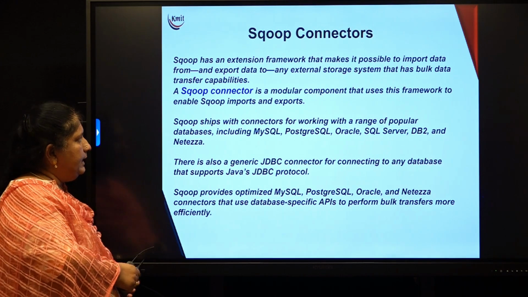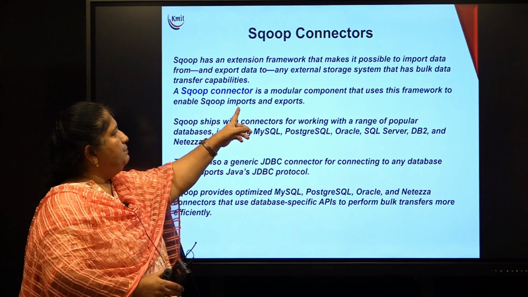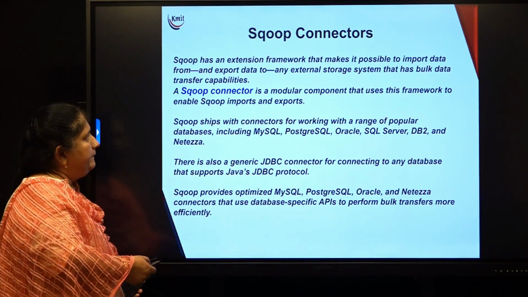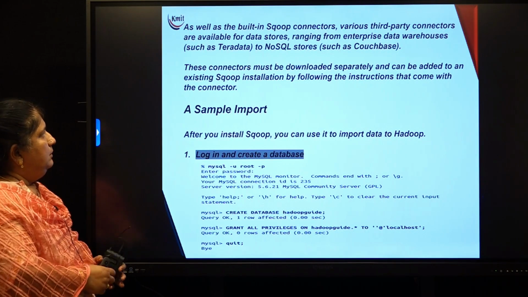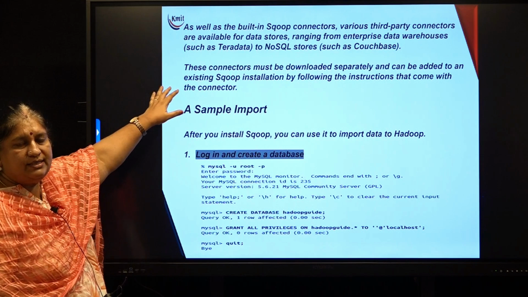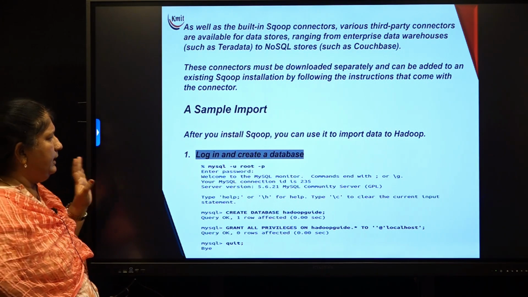And what is this connector helping us with? It is helping Sqoop to work with imports and exports efficiently. Connectors can be downloaded separately, otherwise it works with the generic JDBC connector.